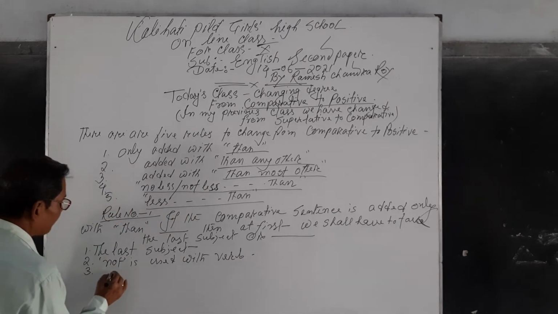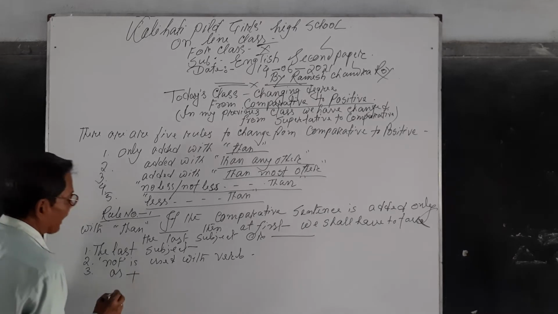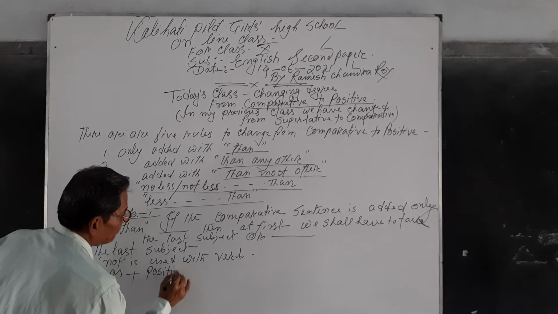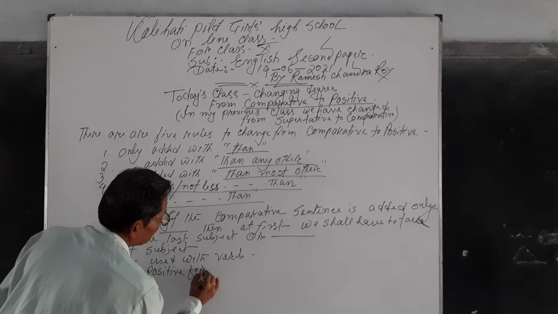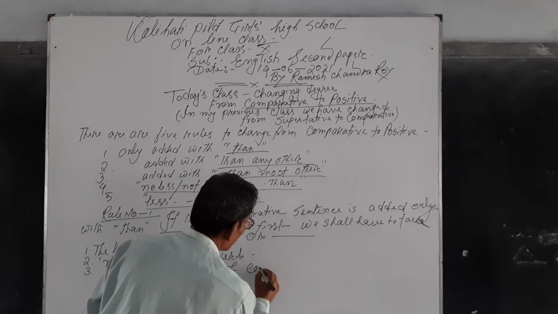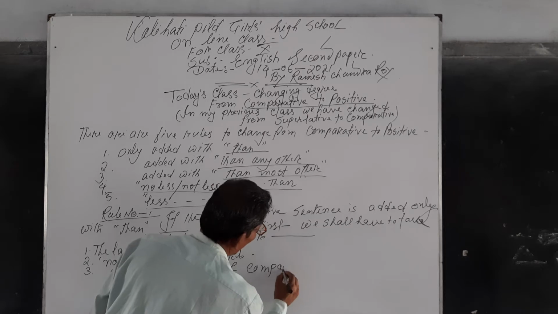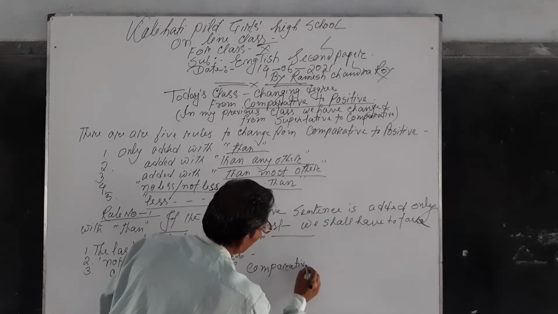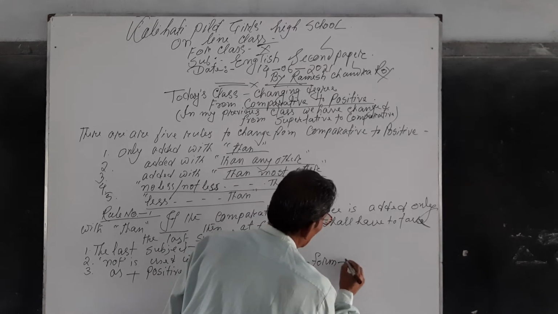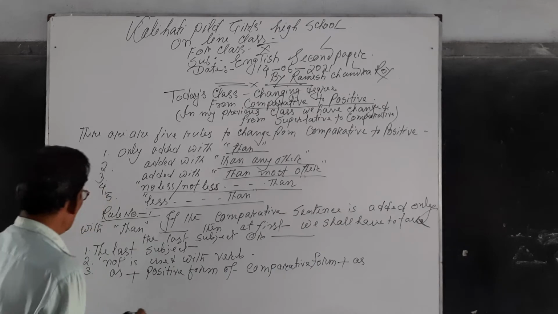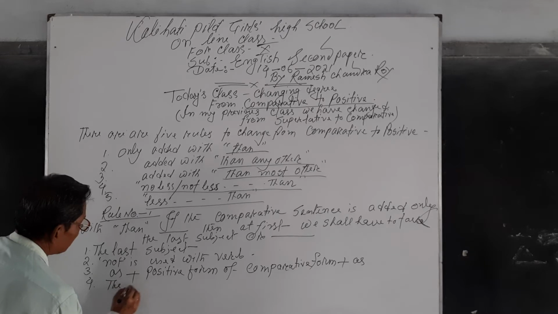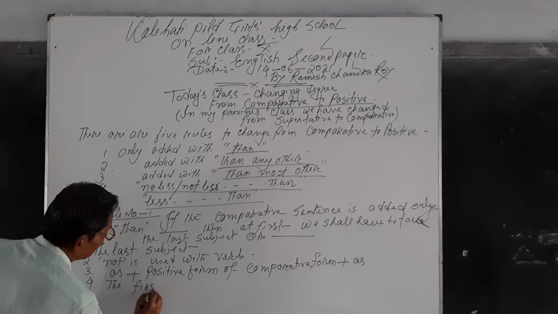Number 3, as plus positive form of comparative form, plus as. Number 4, the first subject.